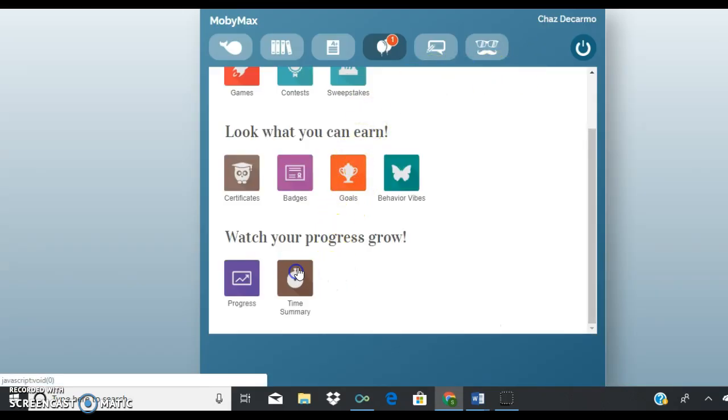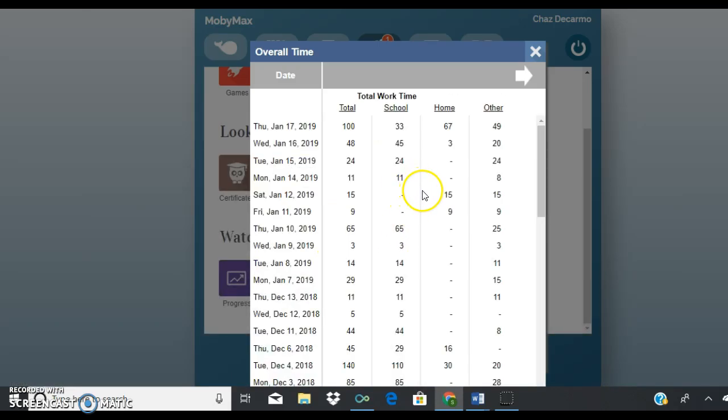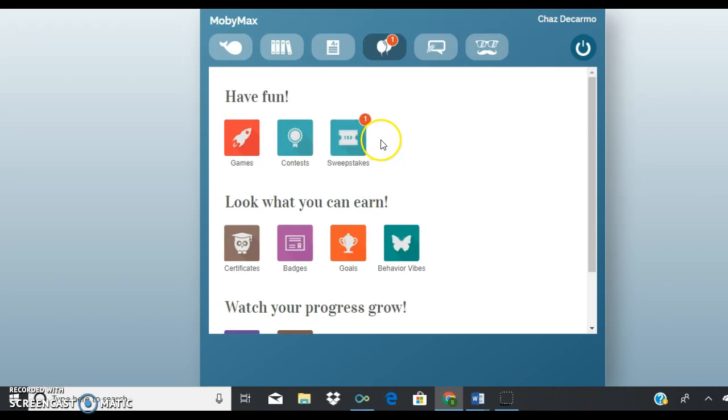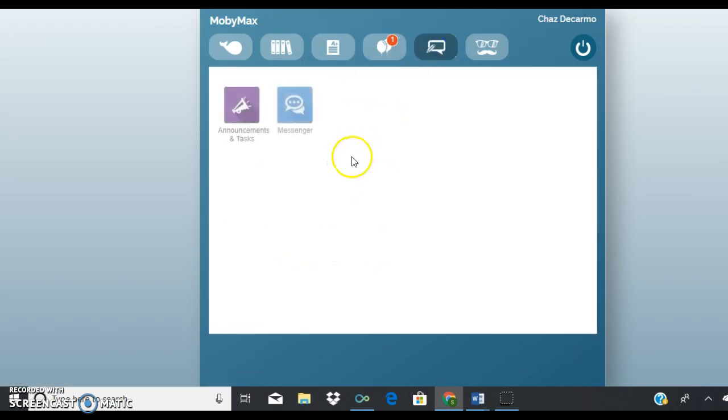So they can even see a summary of the time, how much time they spent working in MobiMax each day. How much time they spend at home and how much time they spend at school.